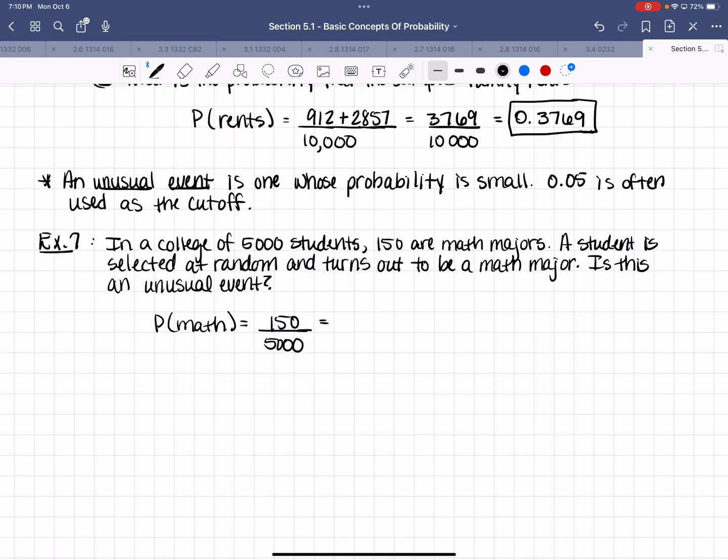What do you get? 0.03. Good. That is less than 0.05. So that means, yes, this is an unusual event. Yes, because 0.03 is less than 0.05. The simple answer is yes. Okay?